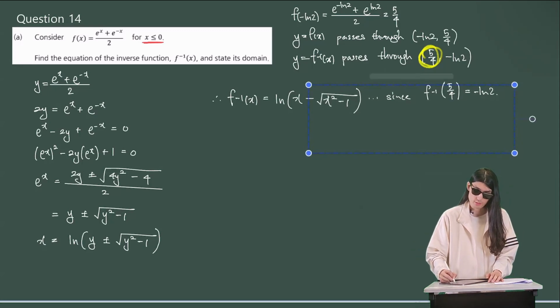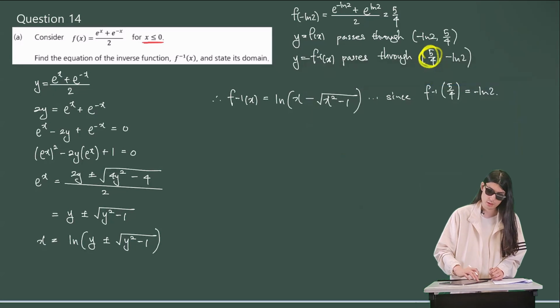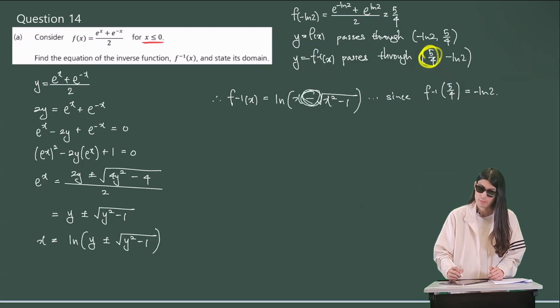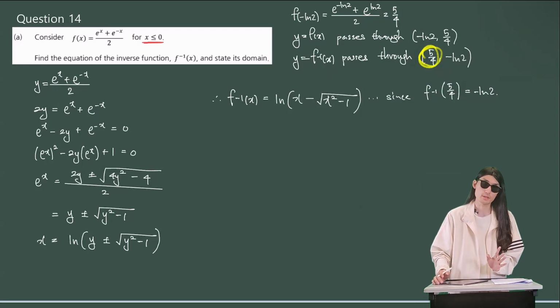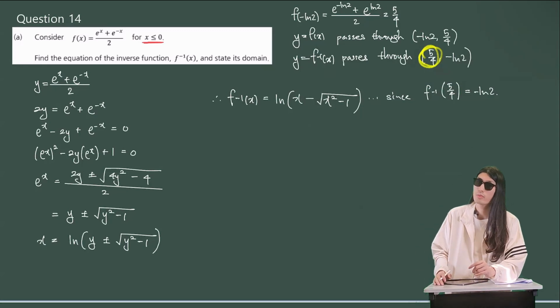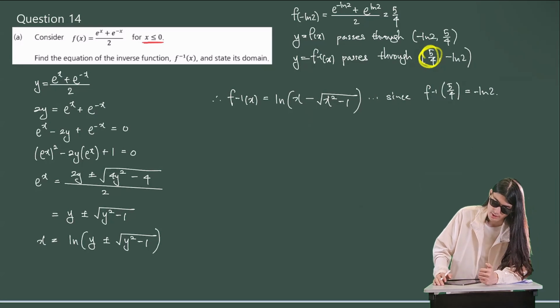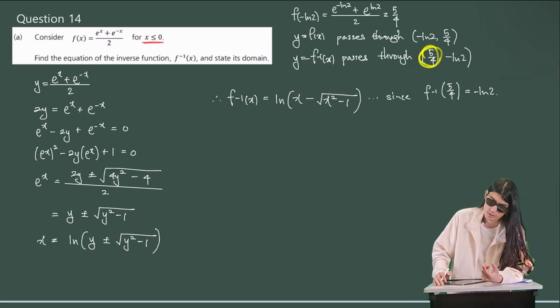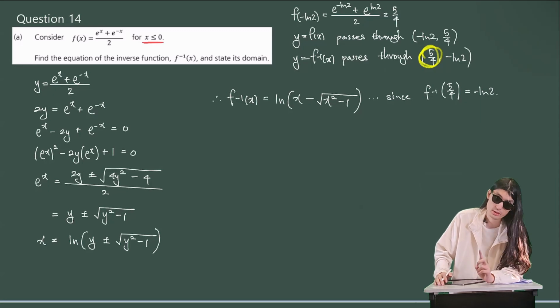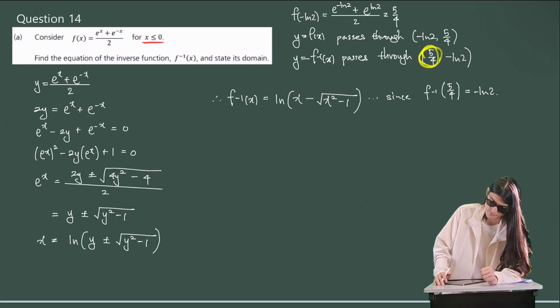But when that x is equal to 5 on 4, you must get negative ln 2 as your output function value, and that's only possible if the operator in the middle over here is a minus, not a plus, okay? So using that point that your function and correspondingly your inverse function passes through, you can determine whether this should be positive or negative, okay?